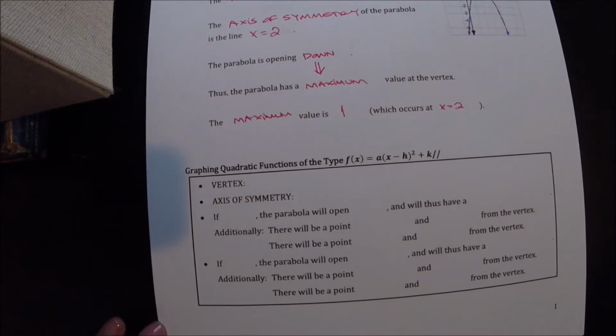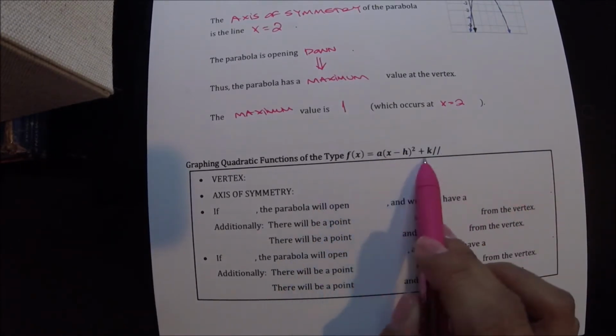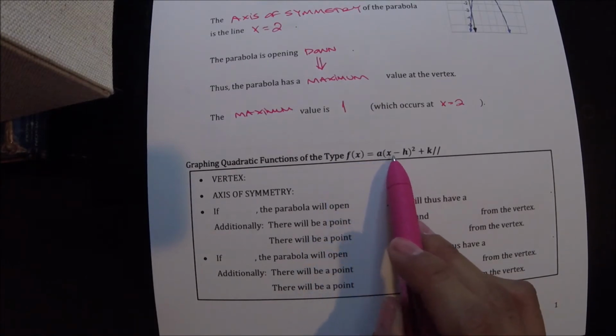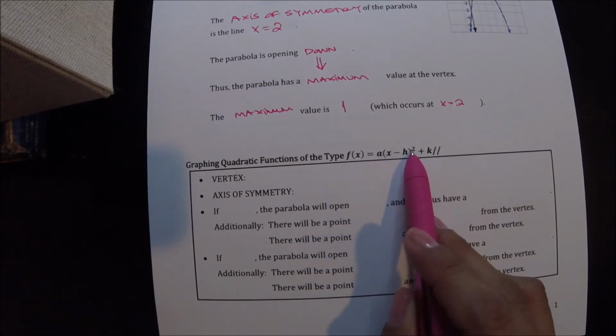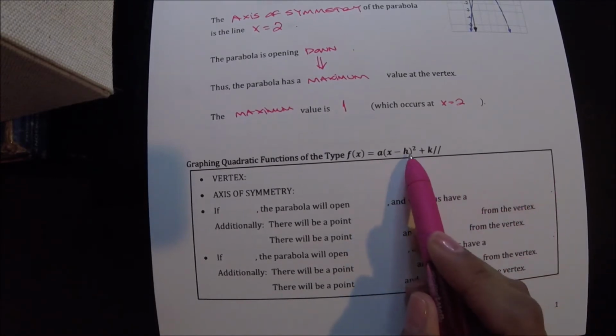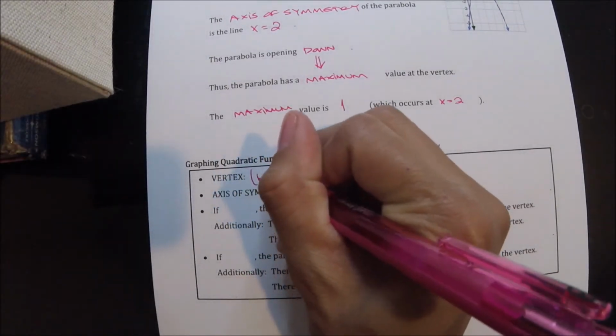So first we're going to talk about if you have a function in this form, which I call vertex form, f of x equals a(x minus h) squared plus k, then the vertex is whatever this (h, k) is.